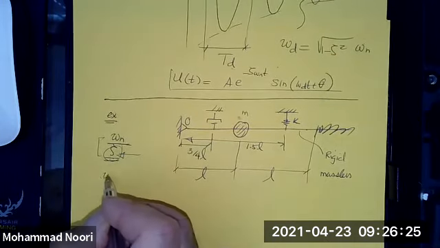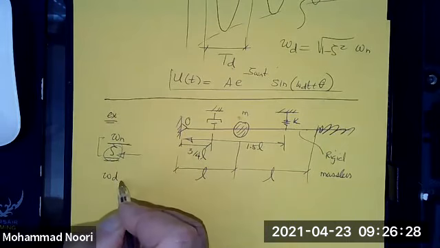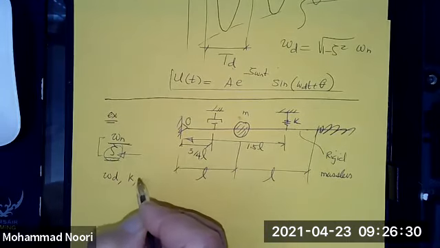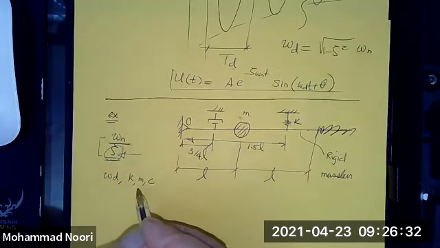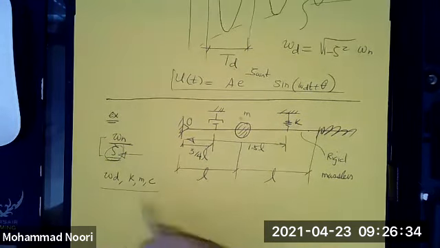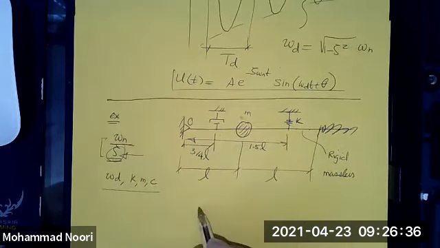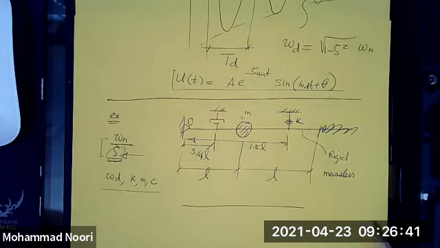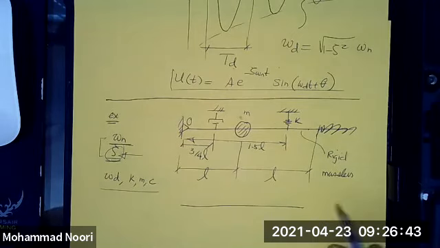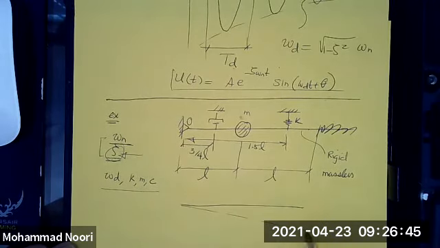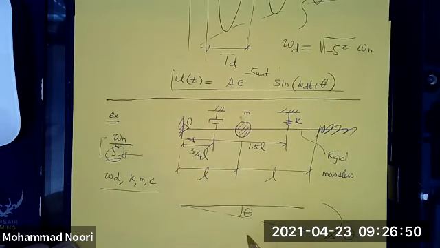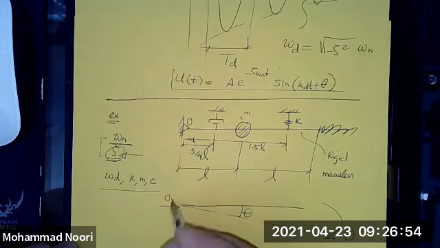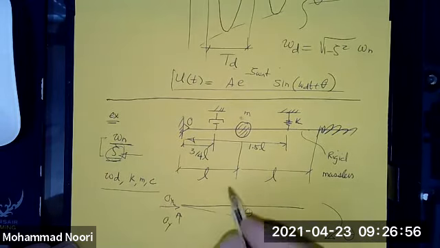So we want to solve this problem, find omega d, k, m, and c, and set up the equation of motion. How do we set up the equation of motion? I will use a free body diagram of the system. Let's say this beam is rotating this way. This is theta. So you have these two unknown reaction forces.